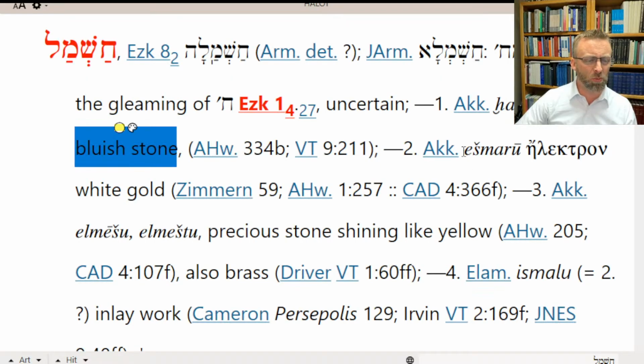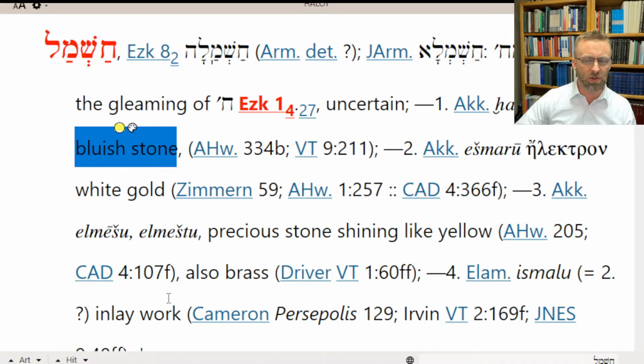Then you get this word ishmaru, which is rendered into Greek as electron, with the stress on the first syllable, interestingly, which means white gold. Then in Akkadian, elmeshu and elmeshtu, which means a precious stone shining like yellow, also brass. Then in Elamite, it's some kind of inlay work.